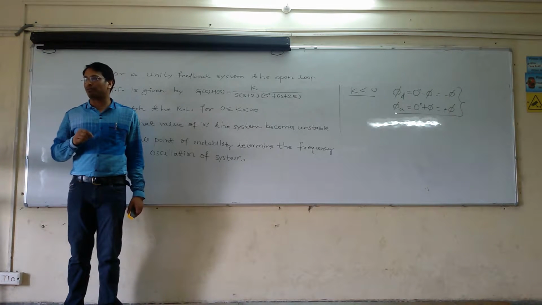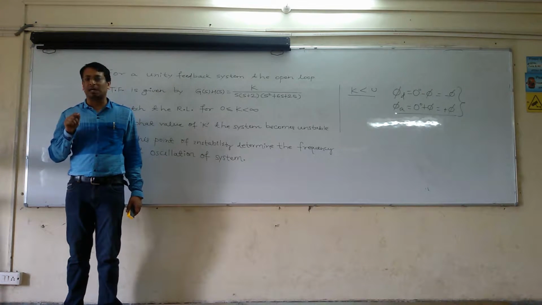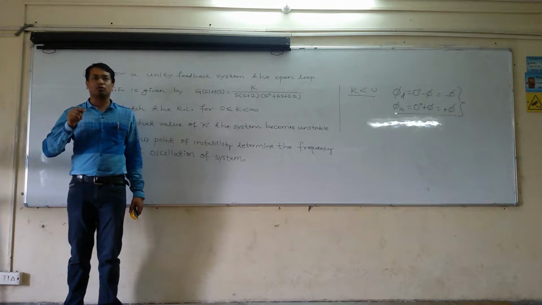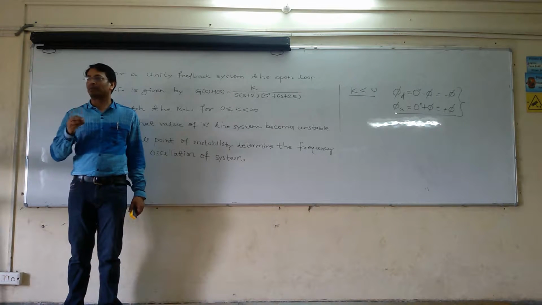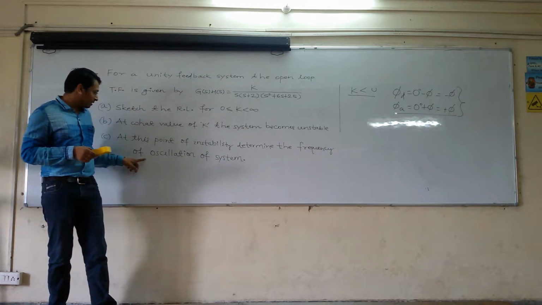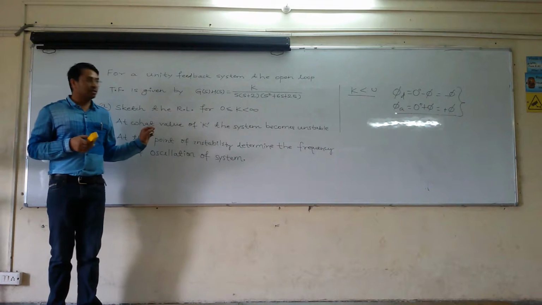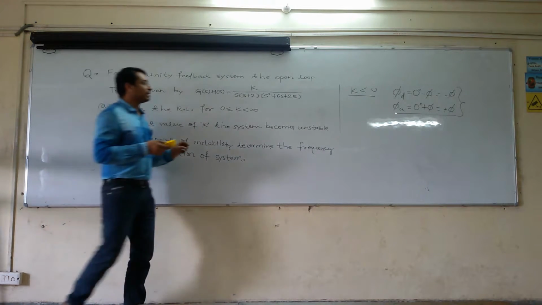Whatever the value of s is will be the intersection point of the root locus with the j omega axis. So whatever the value of s is, it will be purely imaginary, maybe plus minus j omega 1 or omega 2 or whatever it may be. This omega 1, omega 2 or omega 3 in general signifies the frequency of oscillation. Correct? So let us solve this particular question step by step.